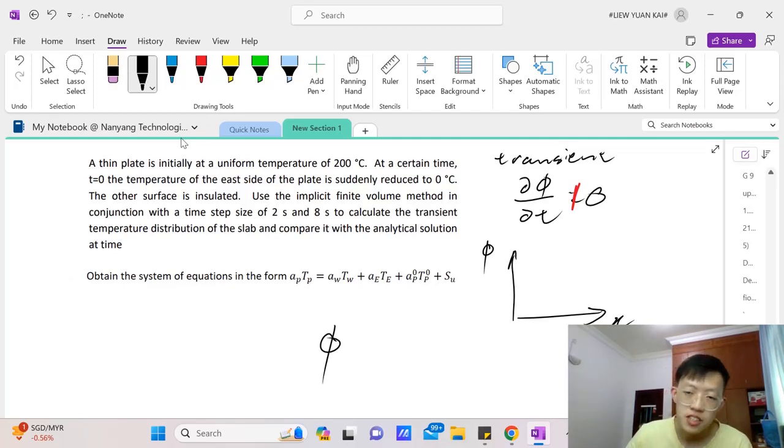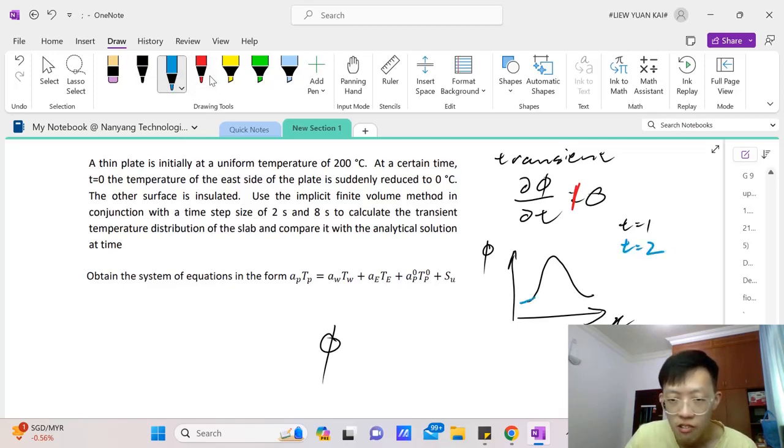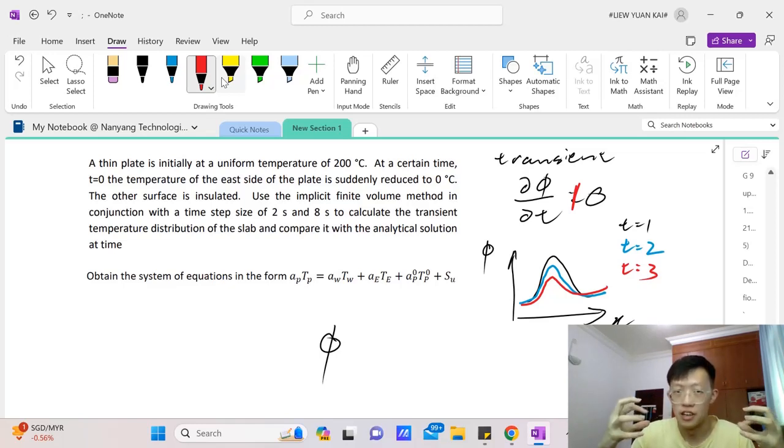So, for example, in a transient problem, if I look at time equals 1, maybe the graph would look something like this. Then maybe at time equals 2, the graph will lower down like this. And then maybe at time equals 3, it changes yet again. So if you look at a phi versus x graph for a transient problem, it would look like a video.